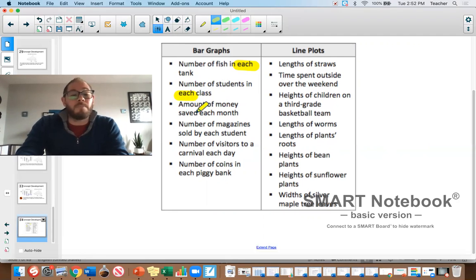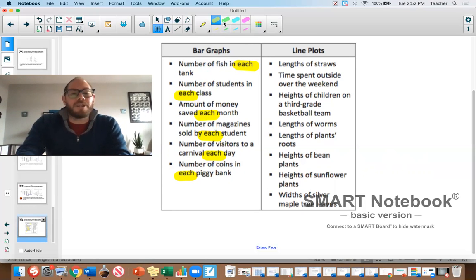Or the amount of money saved each month. The number of magazines sold by each student. The number of visitors to a carnival each day. The number of coins in each piggy bank. I know that the word each is in each of these things that I would use to show on a bar graph because we compare each of the parts of it.